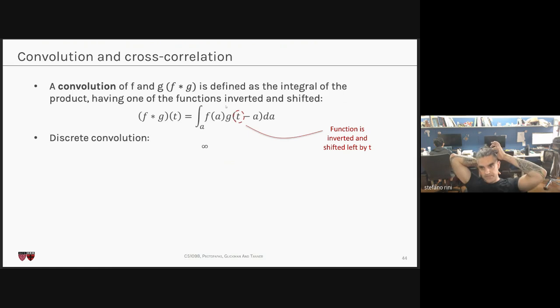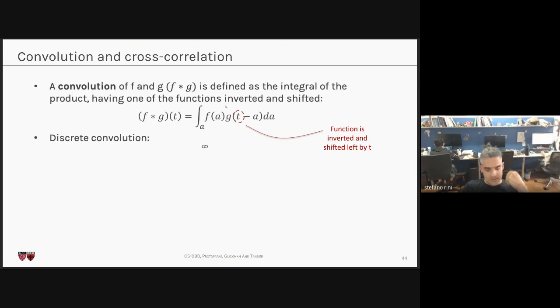What is the idea? Imagine the two vectors are two sequences. You first flip one, then you shift it by a, then you multiply them together, and then you integrate.